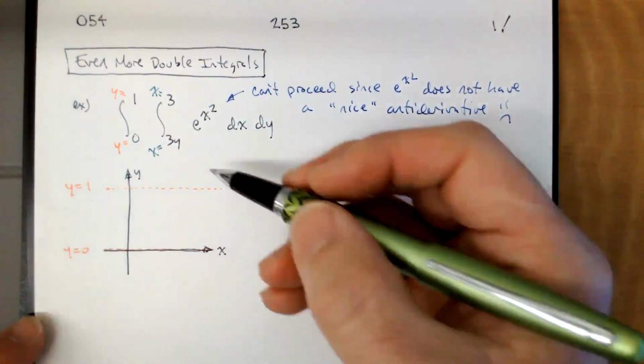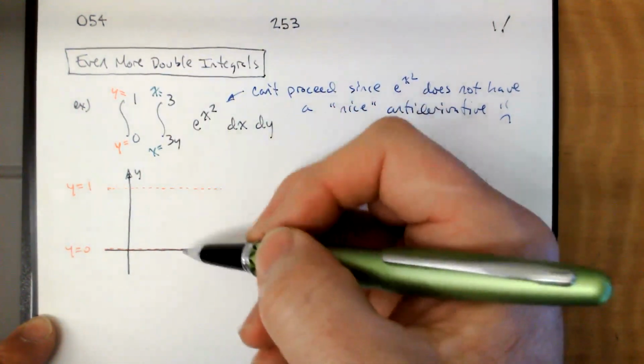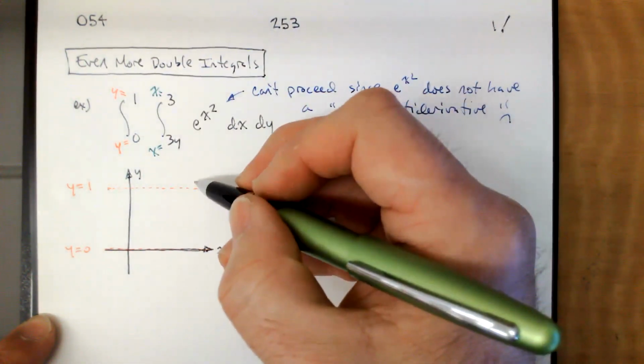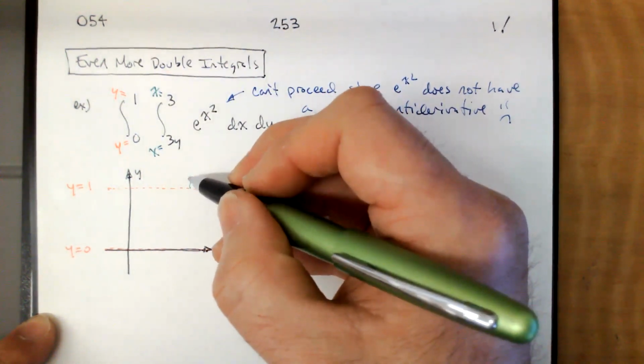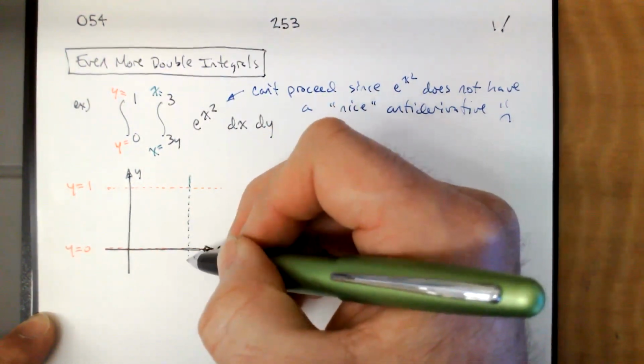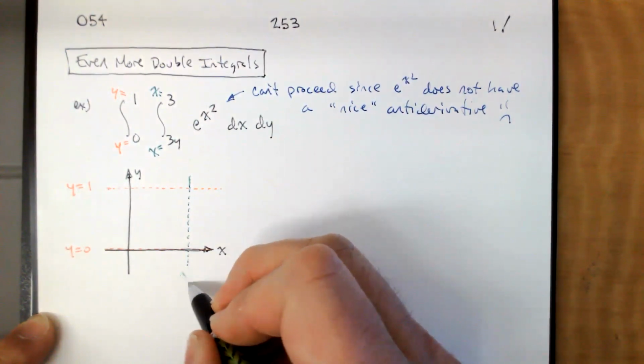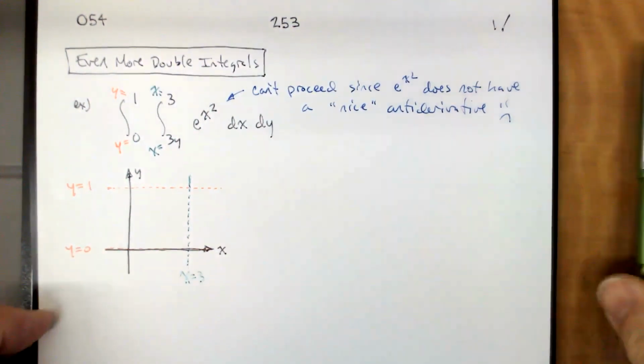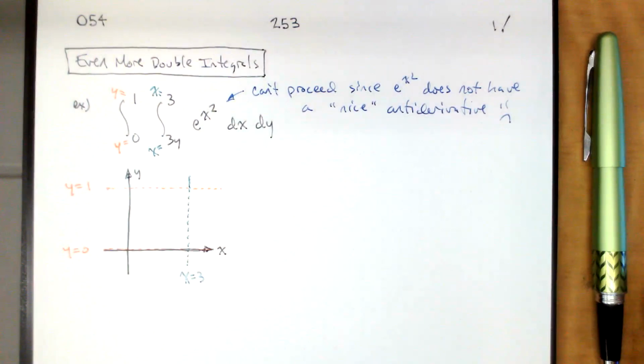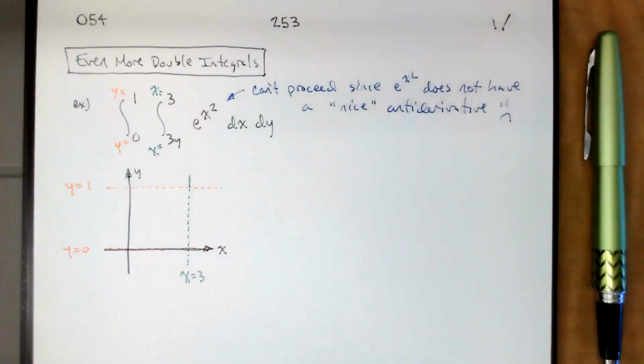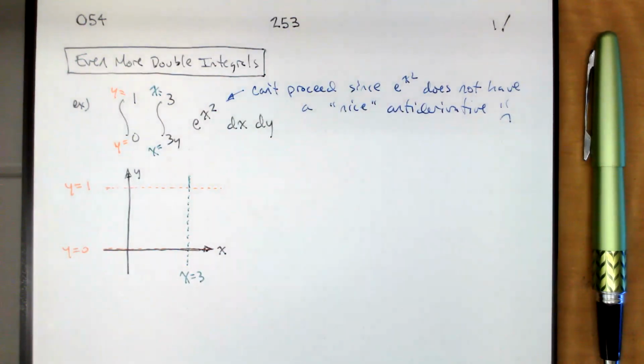So my left is going to be the line x equals 3y, and the right side is going to be x equals 3. So I'm just going to put this out here. That's where x equals 3. And now I got to draw the line x equals 3y, which means y equals 1/3 x, which conveniently connects the origin to the top right corner of our rectangle.